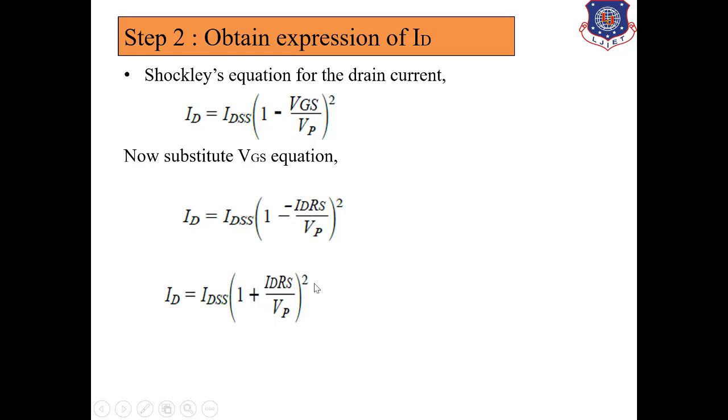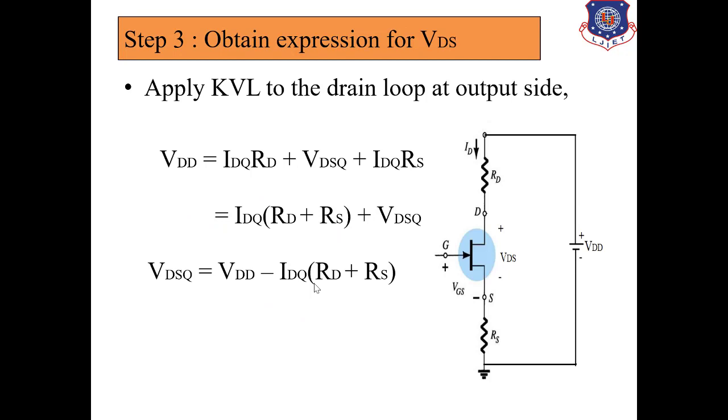Now the final step, step 3, obtain the expression of VDS, that is the output voltage across drain and source. So finally, VDD equal to IDRD plus VDS plus IDRS. How does it come?